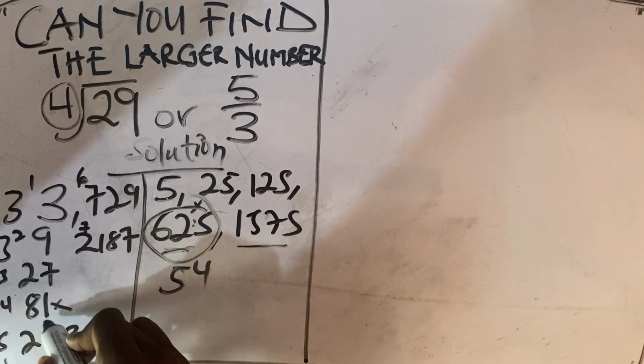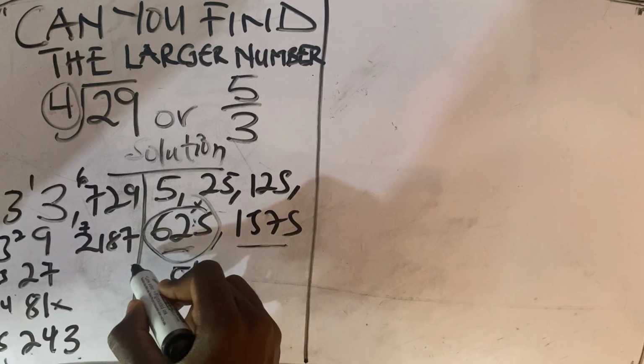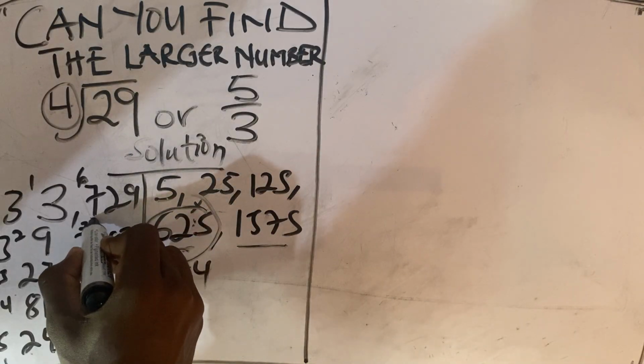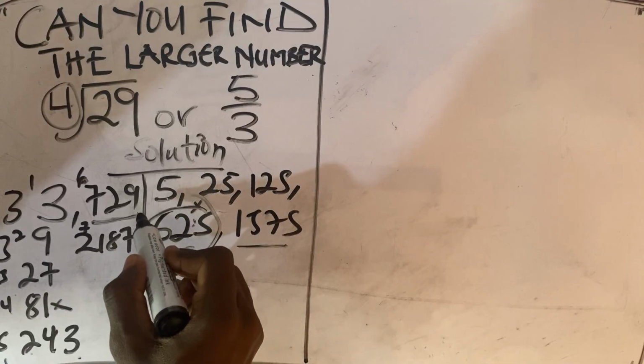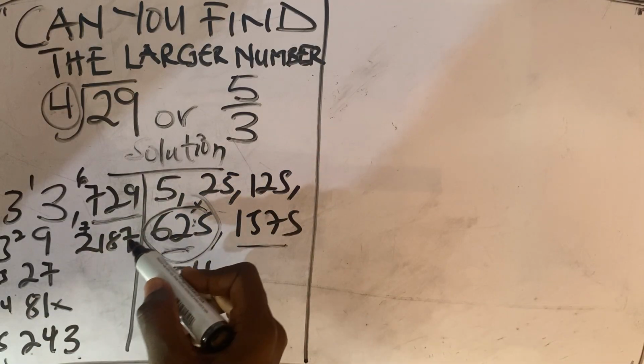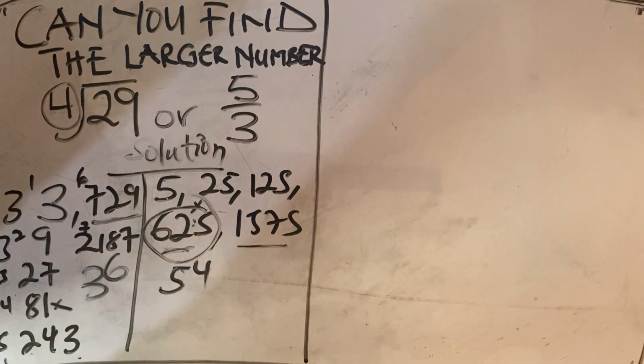If I take 243 here, it is also 200 times smaller than that. But if I take 729 here, although it's greater than 625, it's a bit closer as compared to the others. So I'm going to pick 3 raised to the power 6 over here.